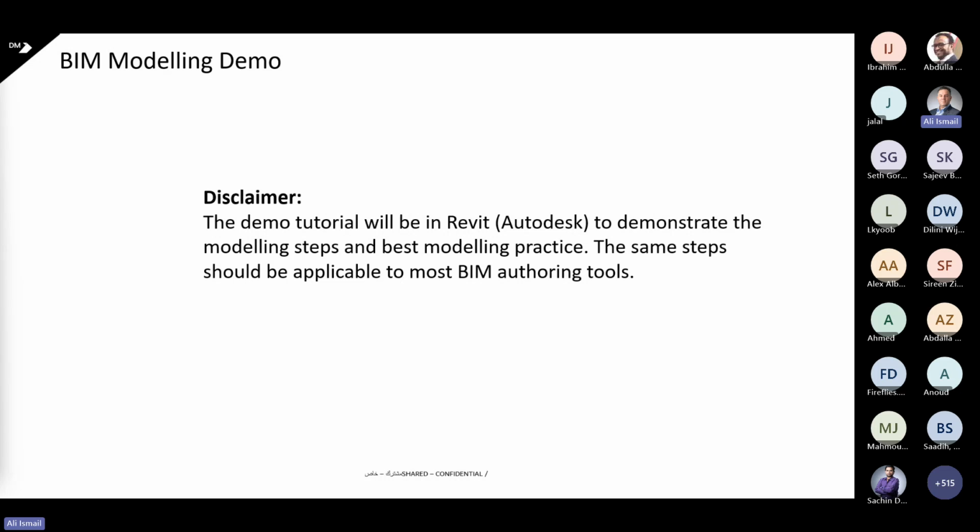In today's workshop, we are using Revit from Autodesk as a common BIM authoring tool, but as the disclaimer said, most of the steps to prepare a BIM model according to the Dubai BIM standard in other software will be relatively similar, and maybe in another workshop we will also demonstrate other software. So I will ask Engineer Arun to give me a sign if you are ready to take over from this point.